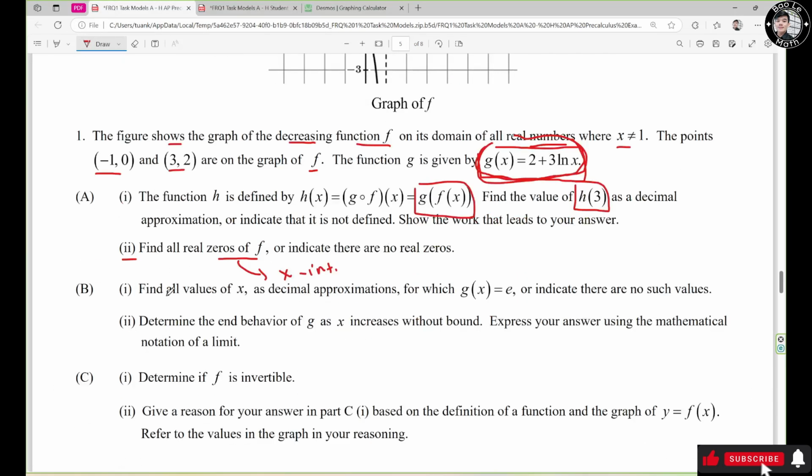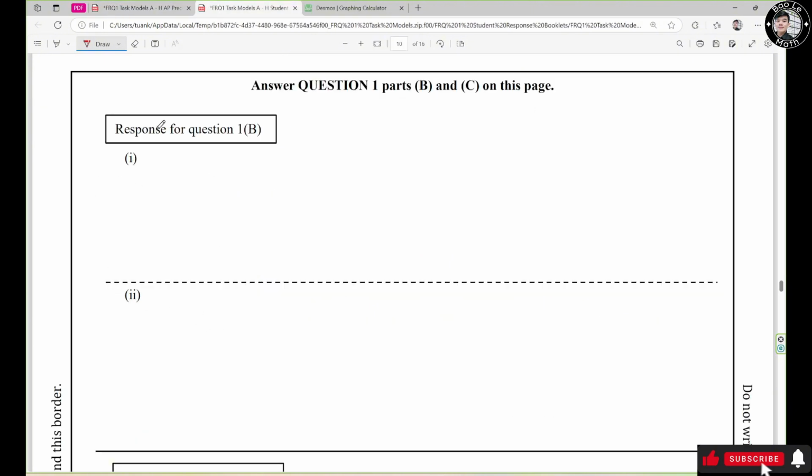So question B right here. Find all values of s, as a decimal approximation, for which g of s equals e. So the function g of s right here. Right, so we have g of s equals e. It's the same thing as 2 plus 3 natural log of s equals e, right?